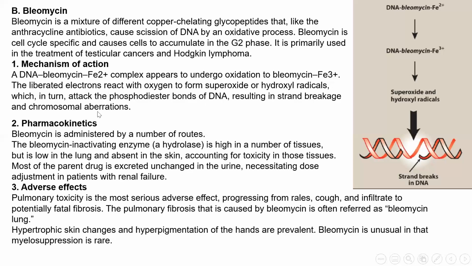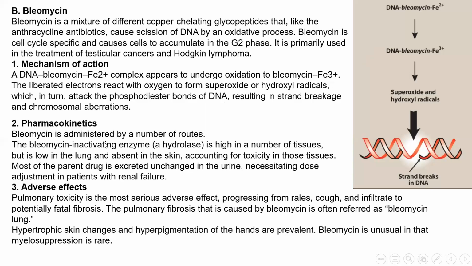These attack the phosphodiester bonds of the DNA, resulting in DNA scission. And of course, there are chromosomal aberrations due to the breakage of DNA strands. This is the mechanism of action, just as shown in the figure.